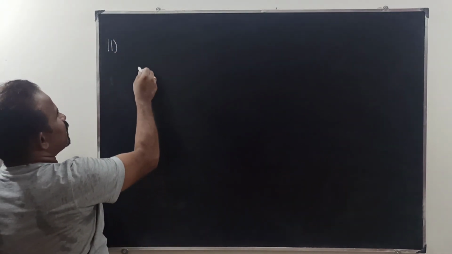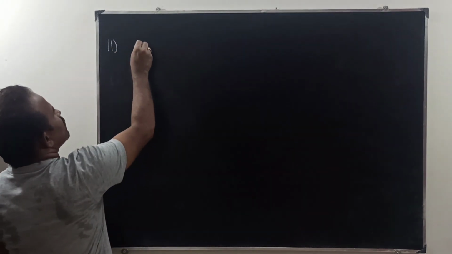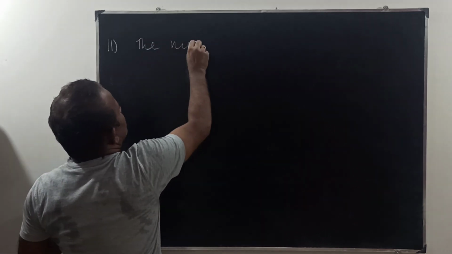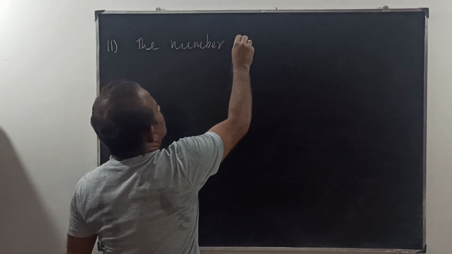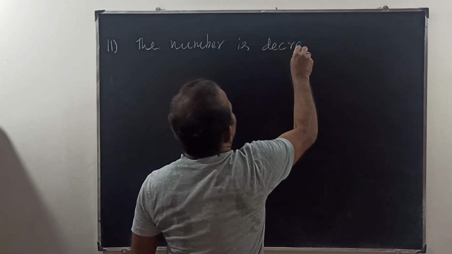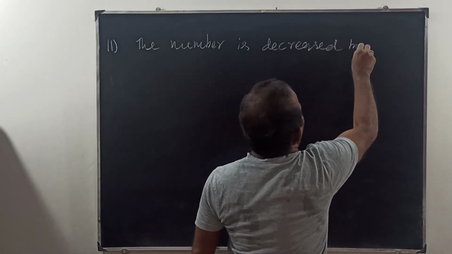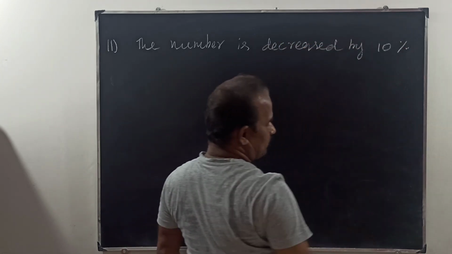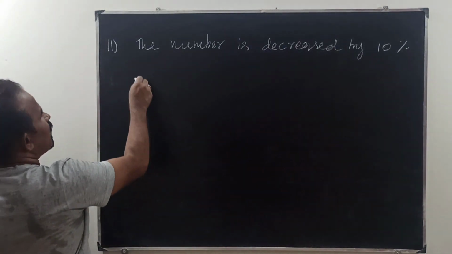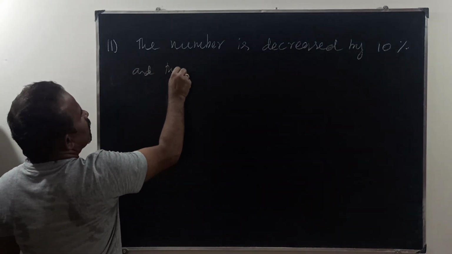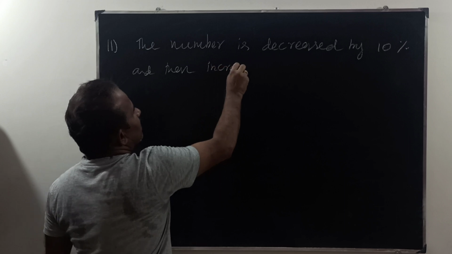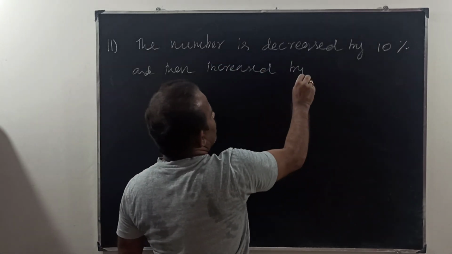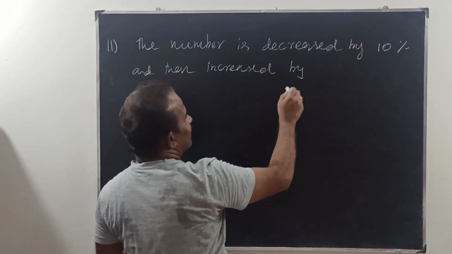A number is decreased by 10 percentage and then increased by 10 percentage.